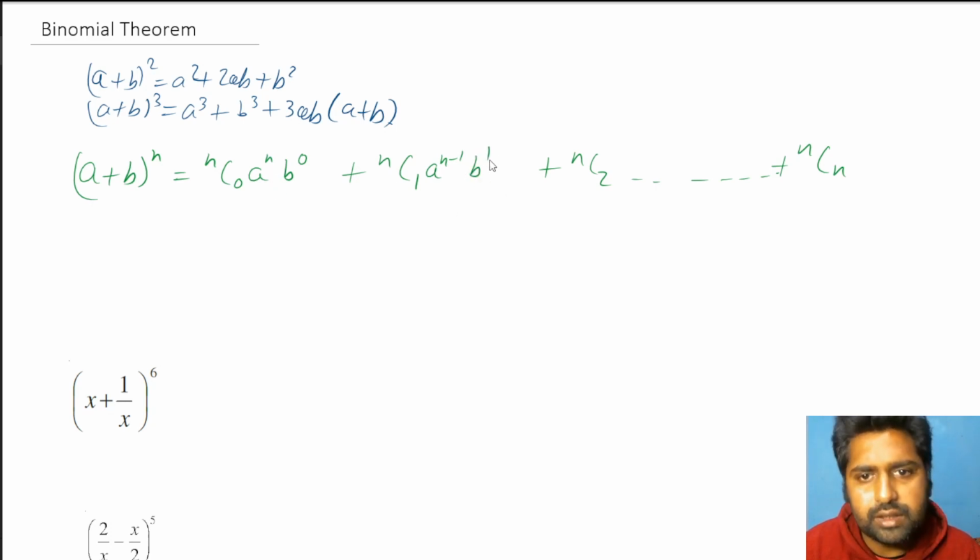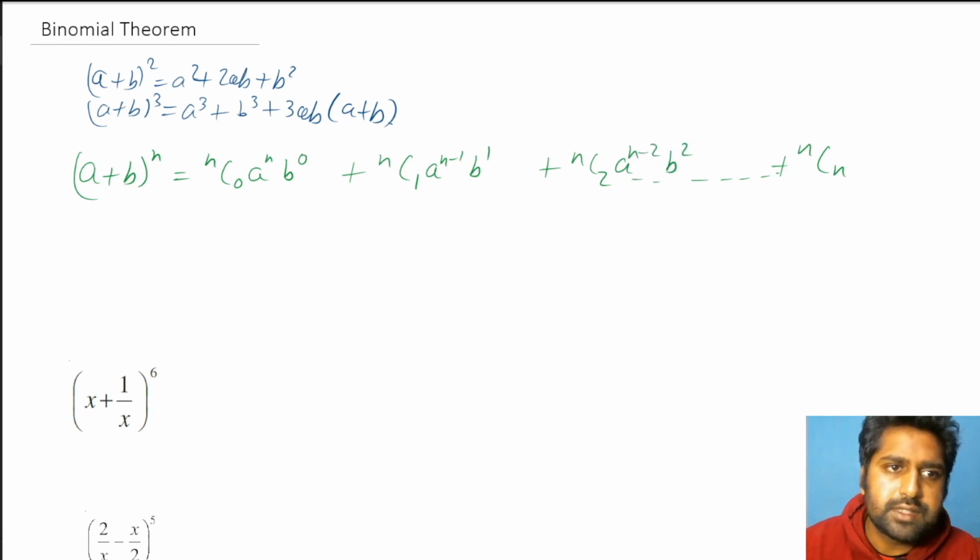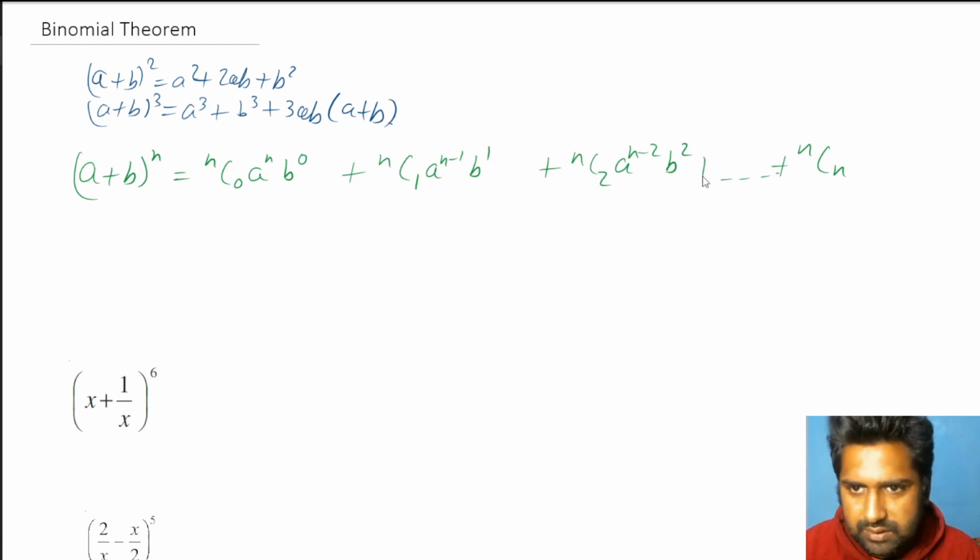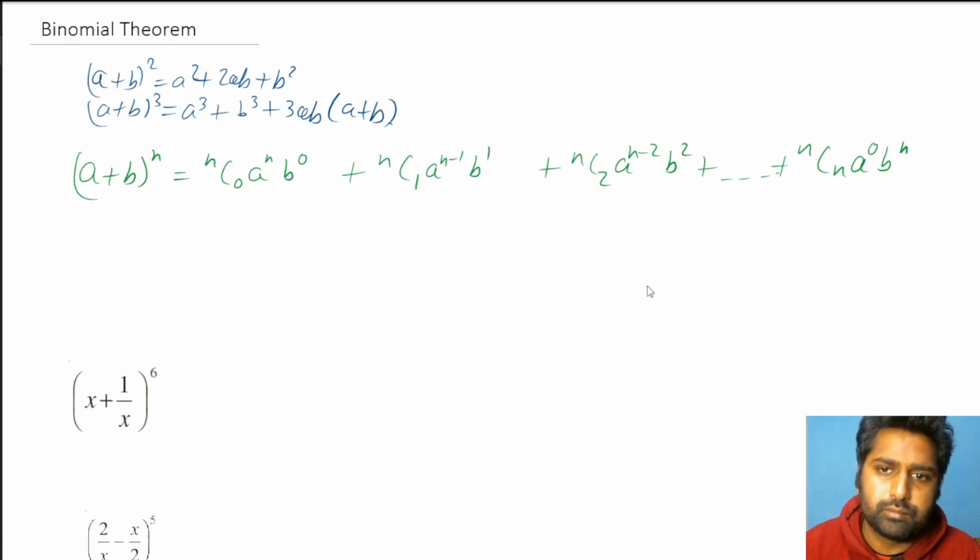Decrease by 1, increase by 1, decrease by 2, increase by 2, and keep doing this pattern. So don't try to learn this as a formula, it's very complicated. Keep doing this till you get a raised to power 0 and b raised to power n. Okay, this is the expansion, and this is sort of a pattern.